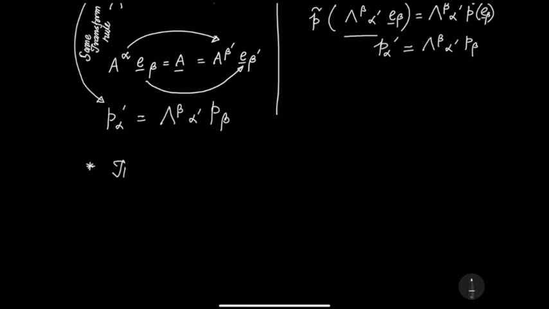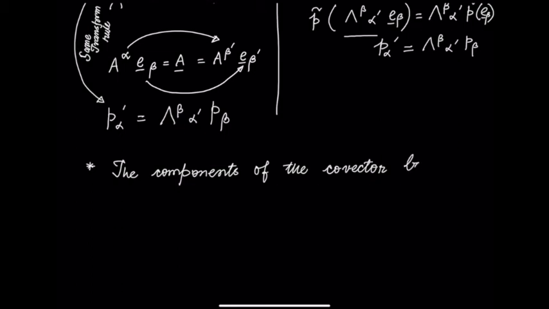The components of the covector, or contravariant vector, or one form, transform the same way as the basis vectors or the unit vectors.